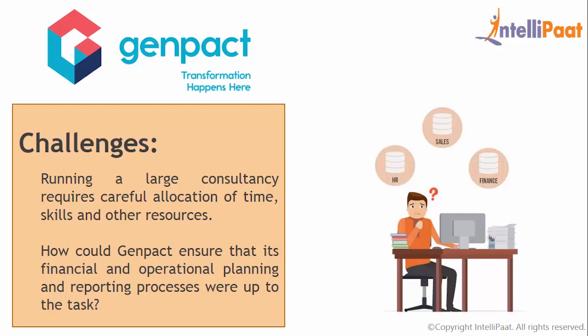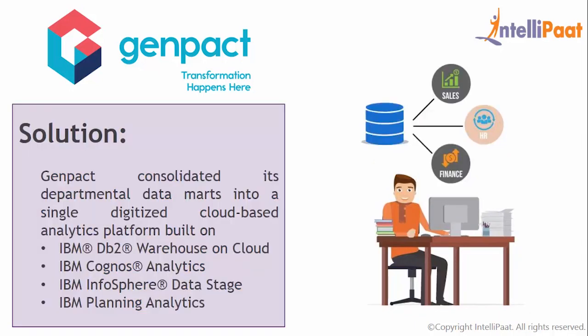Genpact needed a single global provider to help them build a fully centralized data warehouse, data integration, and analytics platform. Genpact became an early adopter of IBM Cognos Analytics on cloud, which generates intuitive, interactive reports and dashboards.